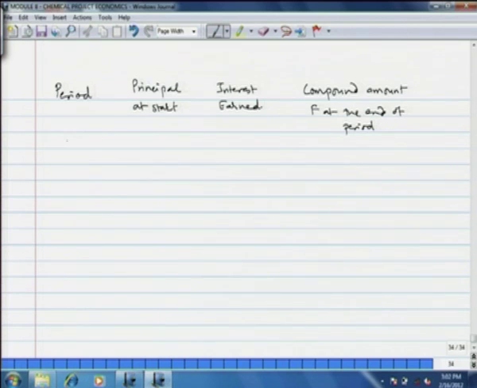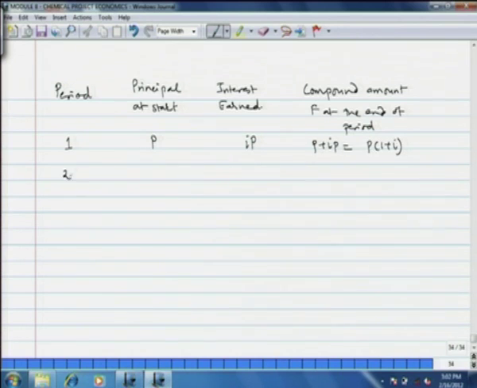So, for the period 1 from 0 to 1, the principal is P, interest earned is IP, and now this is added to the principal. So, the compound amount F at the end of period is P plus IP, which is equal to P into 1 plus I.